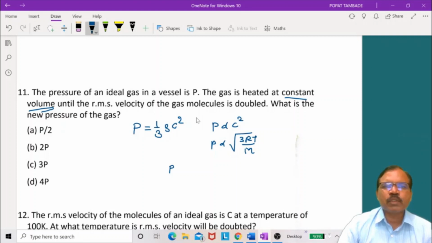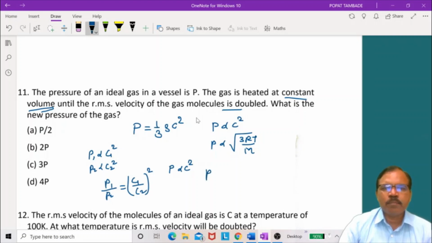So P is proportional to C square. Now I can write P1 is proportional to C1 square, P2 is proportional to C2 square. So P1 upon P2 is equal to C1 upon C2 whole square. Now we want RMS velocity to be double.